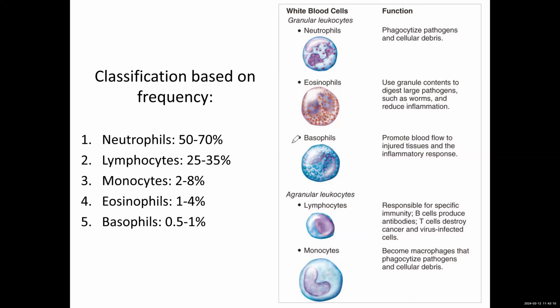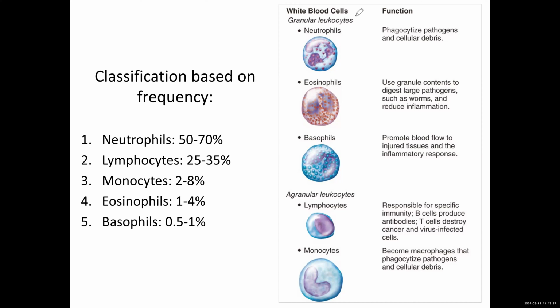Eosinophils and basophils also have some phagocytic properties. So neutrophils fight bacteria and cellular debris. Eosinophils use granule content to digest large pathogens such as worms and reduce inflammation. Basophils promote blood flow to injured tissue and the inflammatory response.